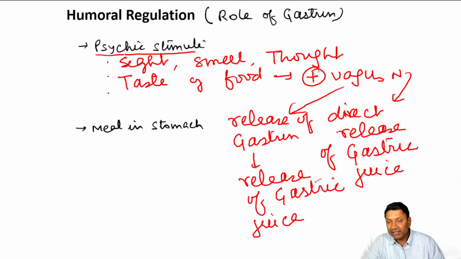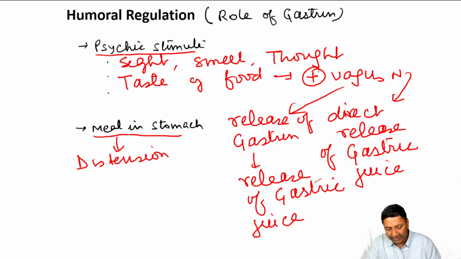So one is the psychic stimuli; the other is when we eat the food and this food reaches the stomach. So meal in the stomach will lead to the distension of the stomach, right?